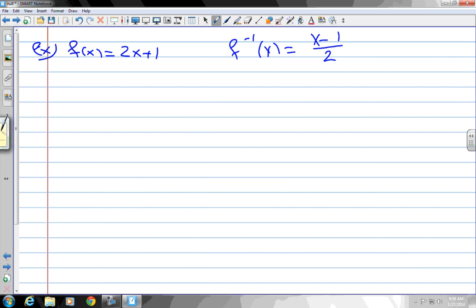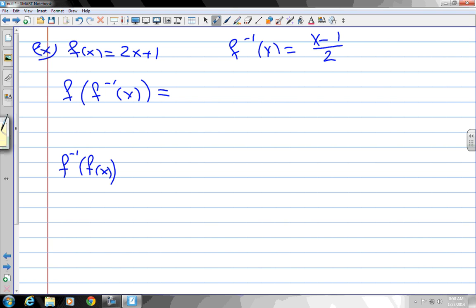So to prove that my guess is correct, I will actually have to compute the composition of these two functions both ways. And if both ways produce just x, then yes, these two functions are inverse of each other. So let's just review how we do compositions. Remember the composition notation?